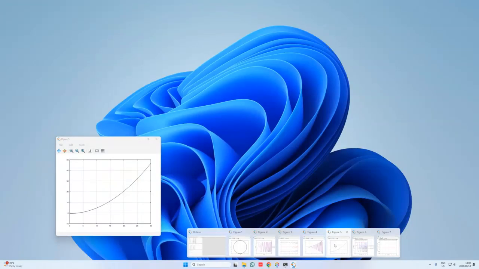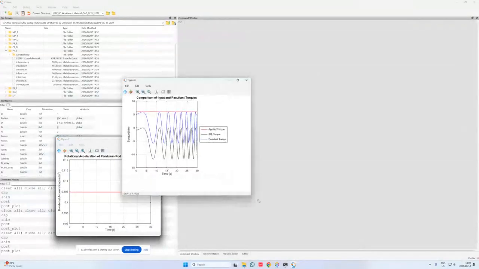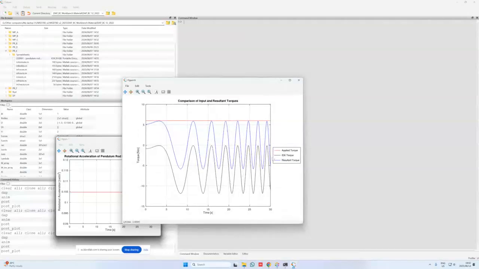Then in the case of figure 5, it's just the angular position, which is once again increasing. That seems correct. And now figure 6 is the figure that I want to focus on with regards to the torques. What you'll see over here is the red line is the applied torque of 6 Newton meters. Then I have the inverse dynamic analysis torque.